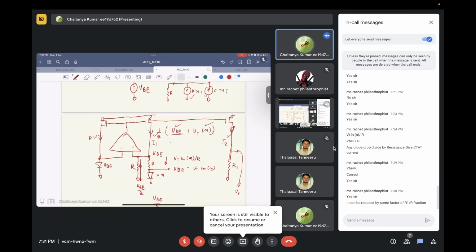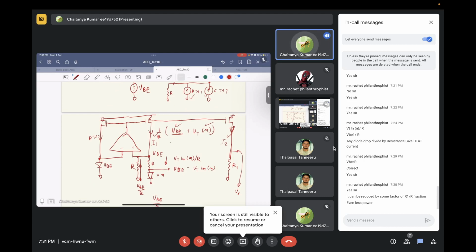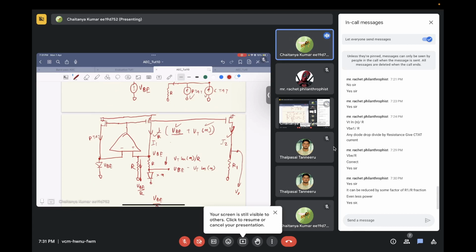And if that is the case, the overall power supply that will be required to generate this band gap reference generator will be smaller than what we had in the original band gap generator. Okay.